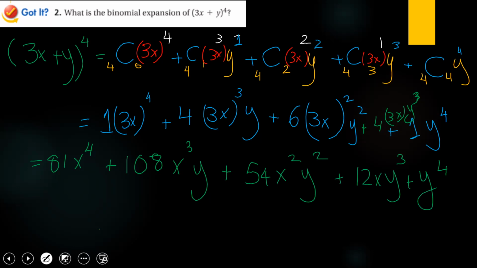This is now the expansion of 3x plus y to the power 4. Is it clear? Yes. Yeah.